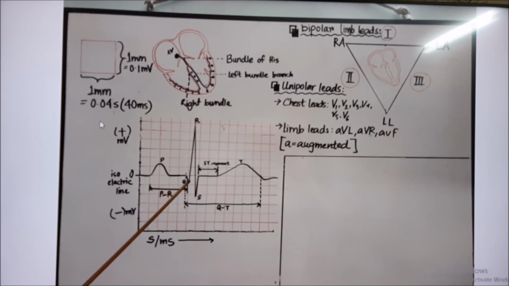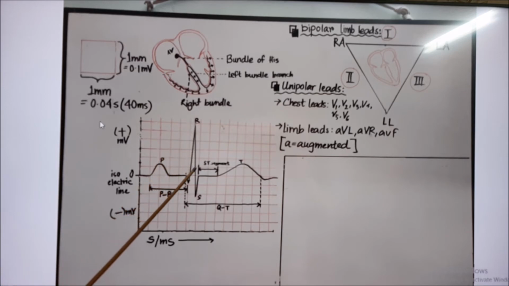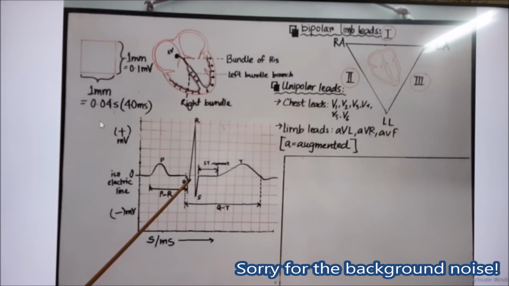Then again it goes upward, then again comes downward, then again goes upward toward the isoelectric line. Now, what is the depth of the Q wave? The depth of the Q wave is 1/4 of the R wave.